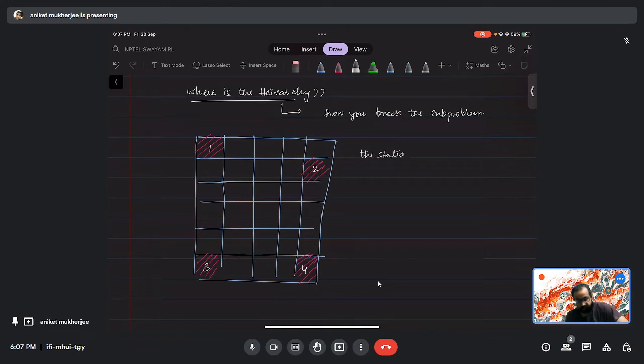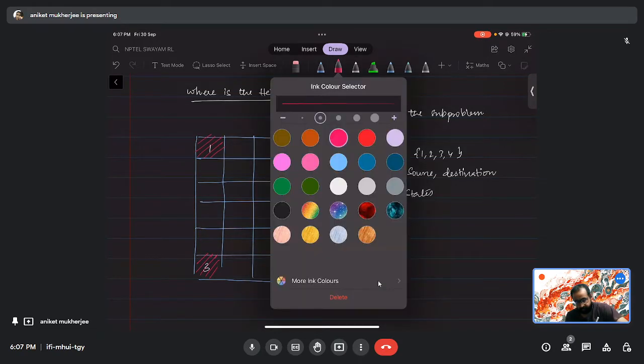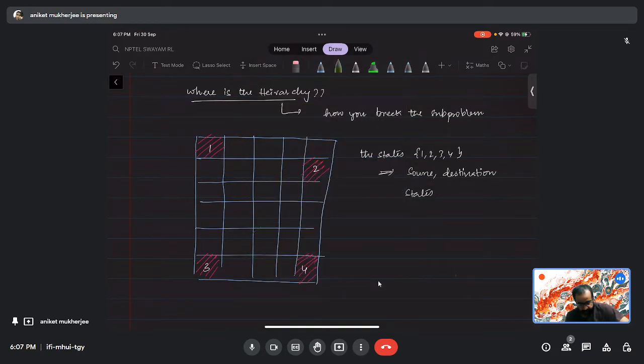The states 1, 2, 3, 4 are the source and destination states, and you have a green state which is known as the fuel state. So state F is the fuel state.